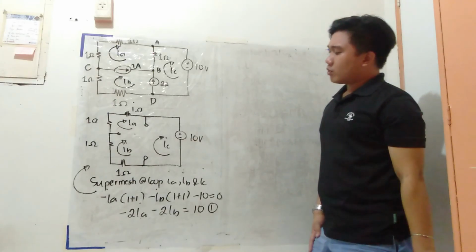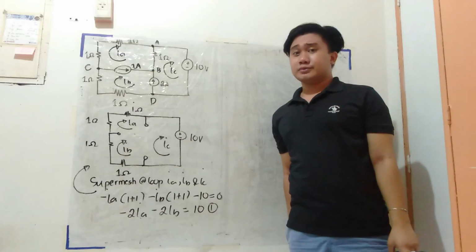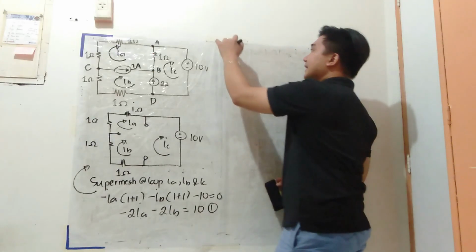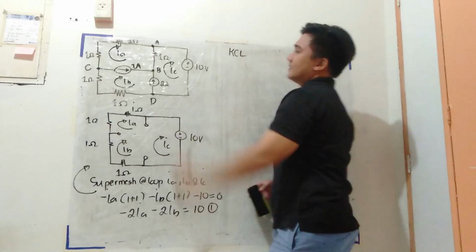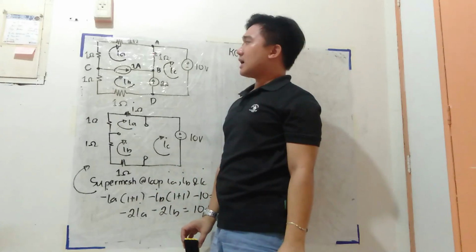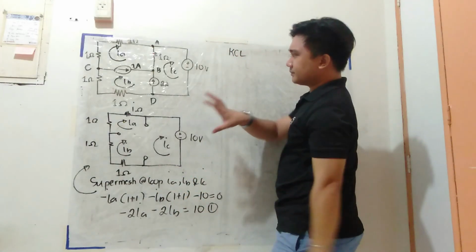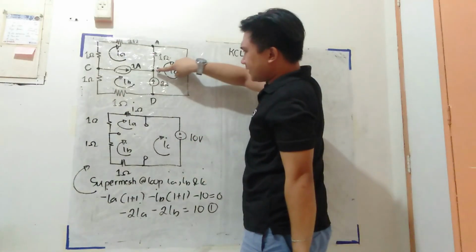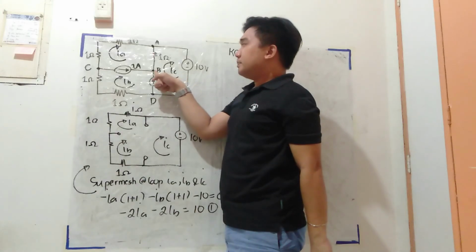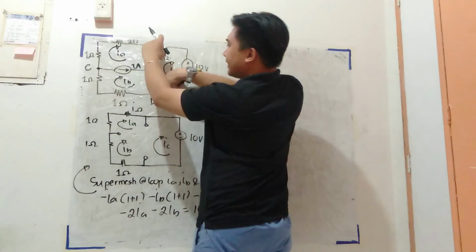So, saan ka kukuha ng iba pang equation nakapag-supermesh na tayo? Okay? Pwede kang kumuha sa mga node. Kailangan mong mag-KCL. Pipili ka, 1, 2, 3, 4, kung saan ka madaling makakakuha ng currents. Okay? Kung i-visualize mo, pag dito ako kumuha kay node B, ilan yung nakakabit dyan? 1, 2, 3.